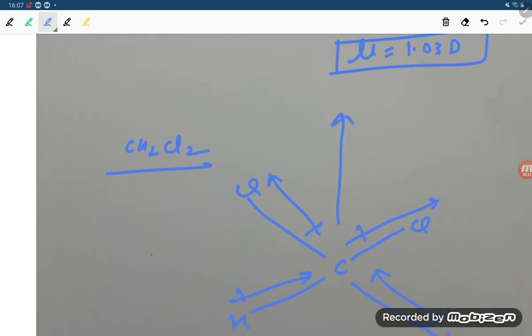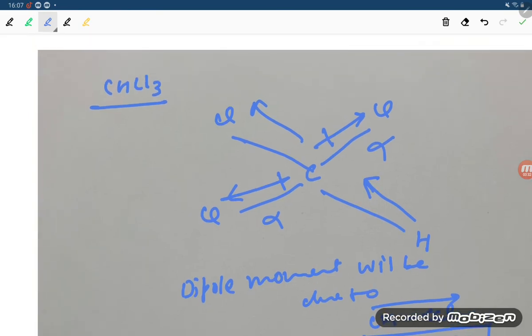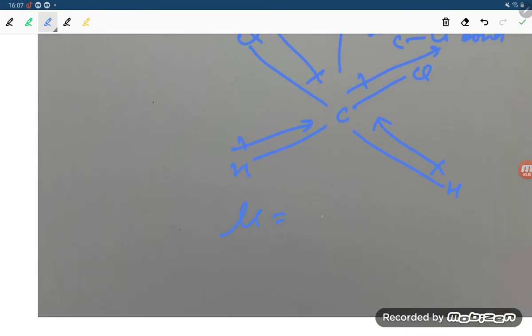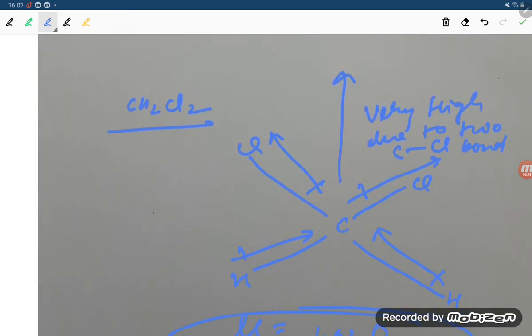So the dipole moment will be very high, due to 2 C-Cl bonds, whereas in CHCl3 there is only one C-Cl bond, and the others cancel out. So here mu comes to 1.62 D. So we can say that dichloromethane has a high dipole moment. I explained it, student, high dipole moment.